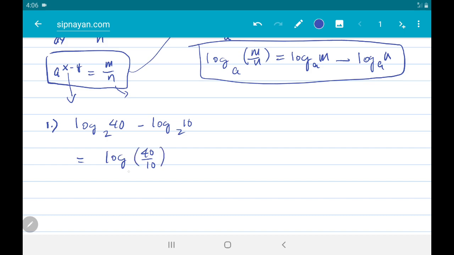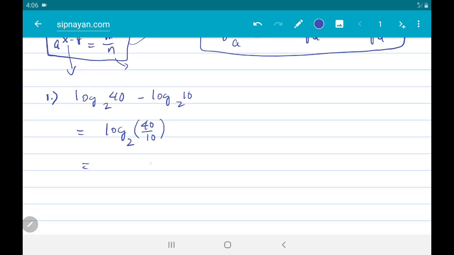But 40 over 10 is just 4, so logarithm of 4 to the base 2. Saang exponent mo i-erase yung 2 para maging 4? 2 raised to x equals 4, kaya ang x natin ay 2.